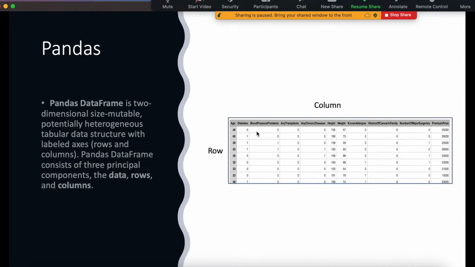Whether he has diabetes, whether he has blood pressure problems, whether he had any transplantation or operation, whether he has any heart-related disease, what his height and weight are, whether he has any allergy, whether he has a family history of cancer, whether he had any surgery, something like that.